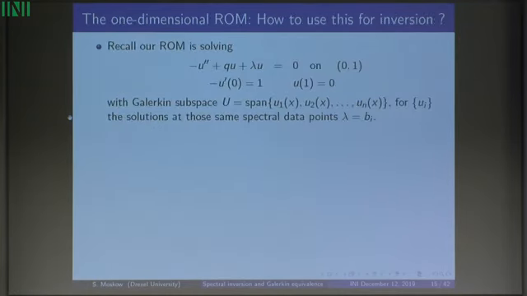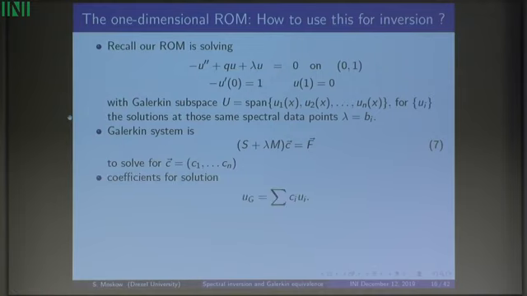So recall that the reduced order model is solving this equation with this Galerkin space for u_i being the exact solutions at these same points where you're reading your data. And so the Galerkin system is this one, where f is your data, you can get S and M from the data, and then you could solve for C, for any lambda you want. And the C's that you solve for give you coefficients of the solution.